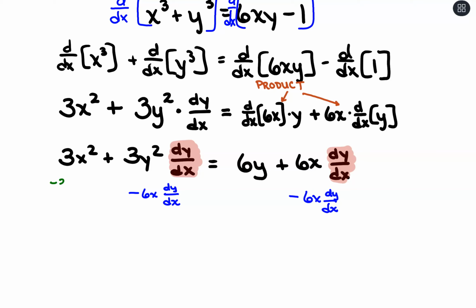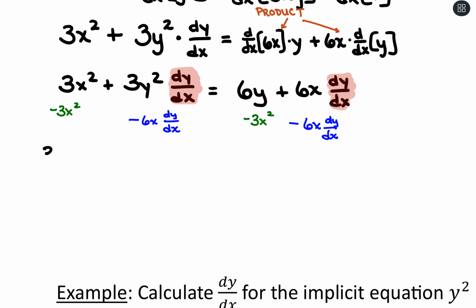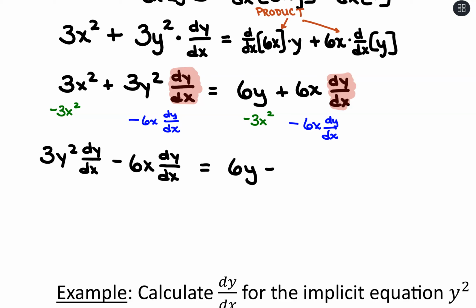So that means I also want to get this 3x squared away from that. So I'm going to subtract 3x squared from both sides. So what that'll leave me with is a 3y squared dy dx minus 6x dy dx on the left-hand side equals, and on the right-hand side I'll have 6y minus 3x squared.